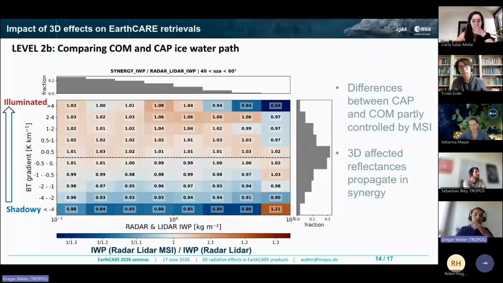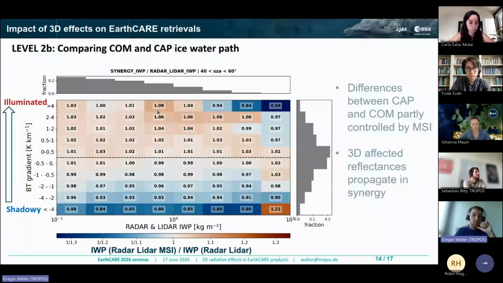Here we have a combination of the independent product, ACM-COM, the composite product using only the radar and the LiDAR, and the CAP product, which also uses the MSI. And here we again use the ice water path only from radar and LiDAR to be independent from solar reflectances. And here we can see the ratio.